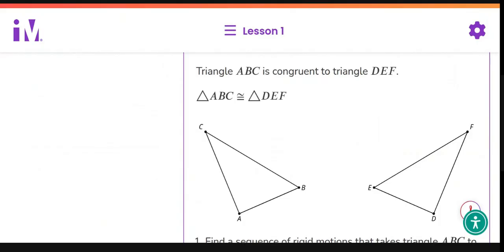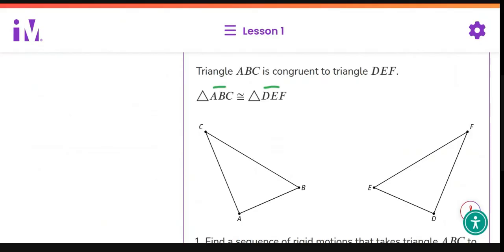Using the same idea, we can look at the distance between A and B and notice that's the same as the distance between D and E. So the letters next to each other represent segments or sides that are congruent to each other. Keeping in mind that when we name segments or sides, we only use two letters.